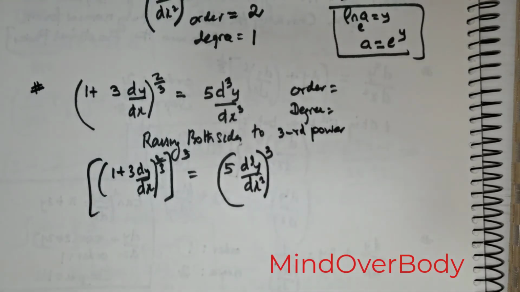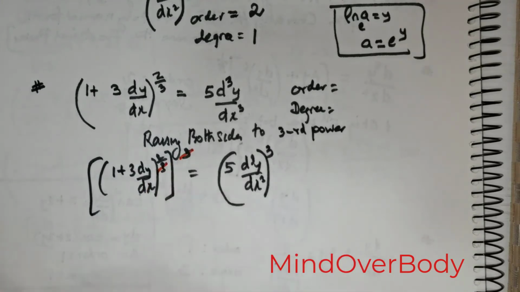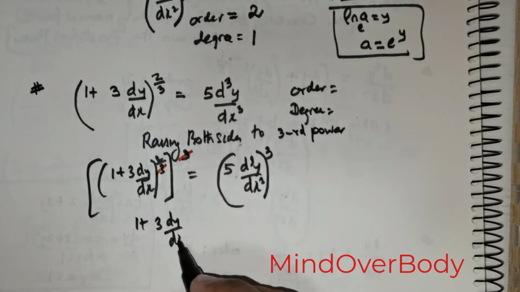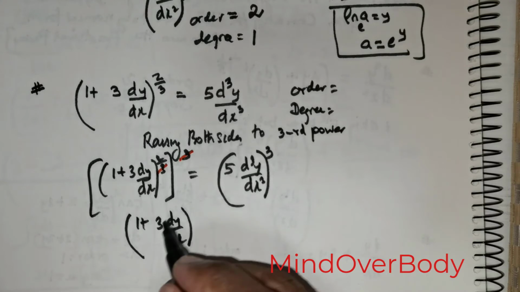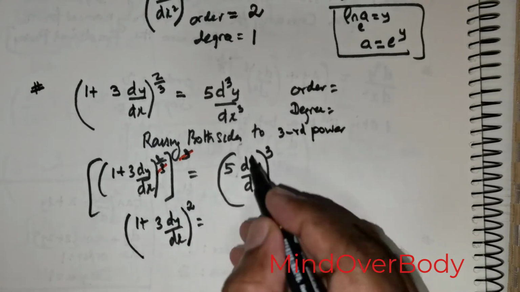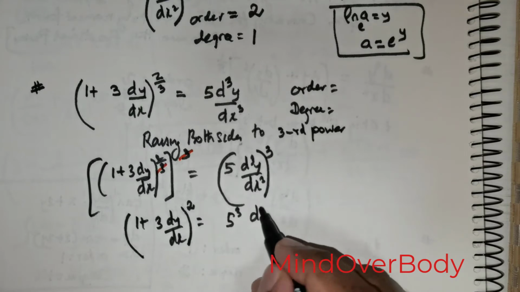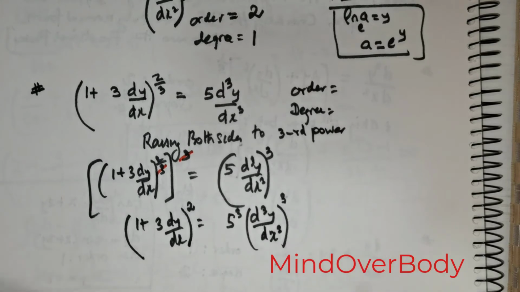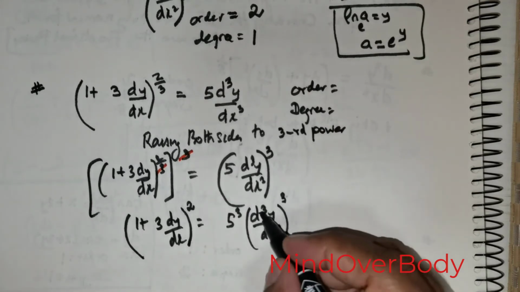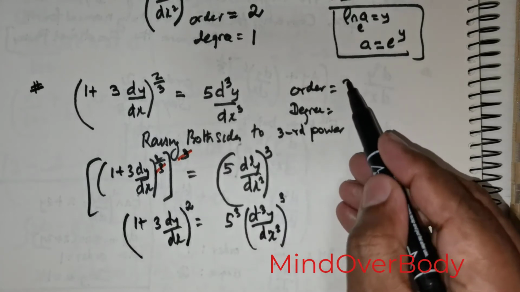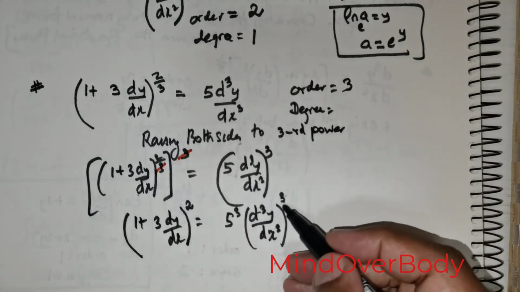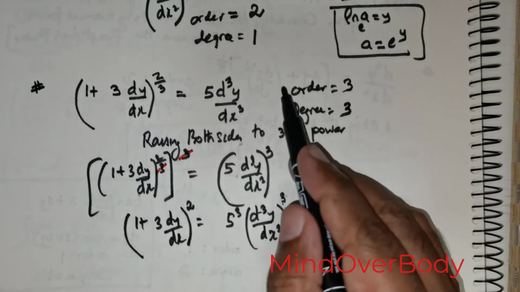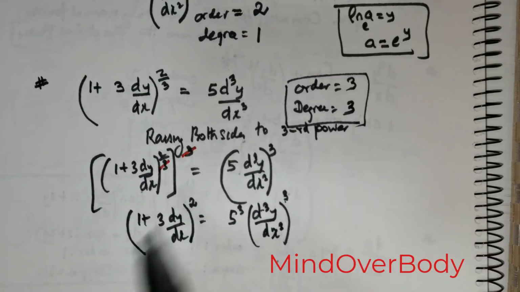Now clearly you can see that this 3 and the 3 here can be cancelled, giving me 1 plus 3 times dy over dx, and that has to be raised to the power of 2. In this case I get 5 cubed and d cubed y over dx cubed, and this is raised to the power of 3, right? So clearly you can see the order is 3, and the degree is nothing but the power of the highest differential, so that's also 3. So this is the solution to the question.